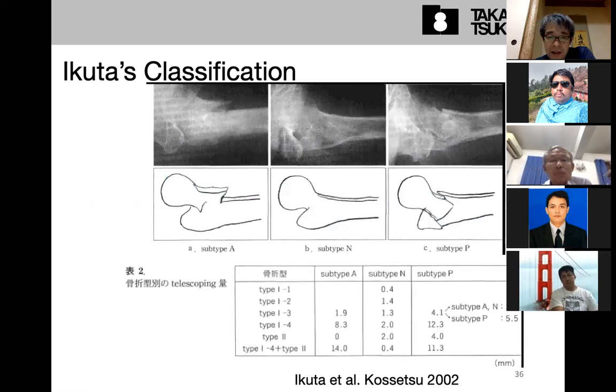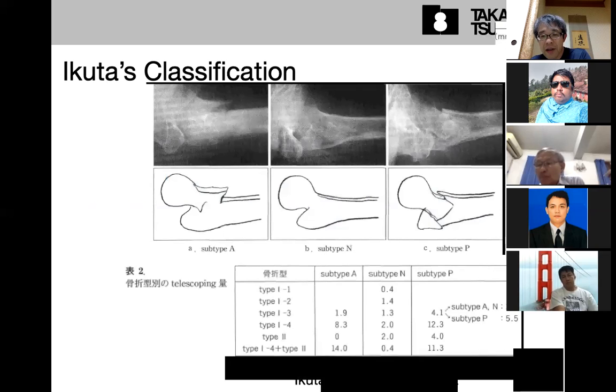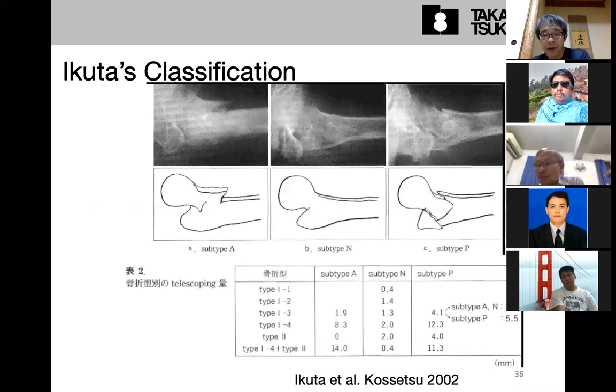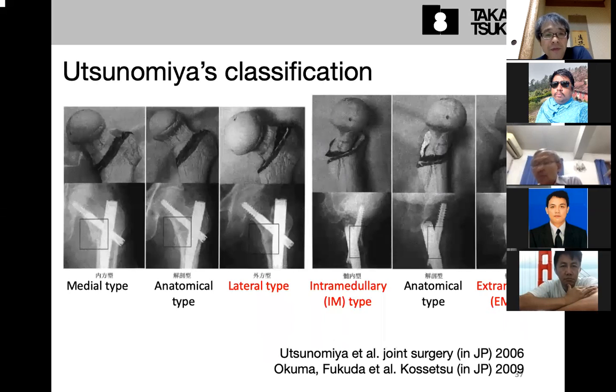Not surprisingly, subtype P had the biggest sliding length compared to subtype A and subtype N, because this type is very, very unstable. So we take great care with patients with subtype P classification. It is easily classified using the lateral view.